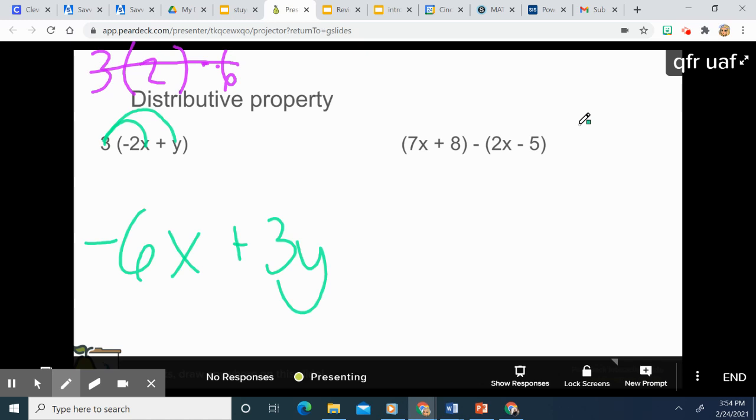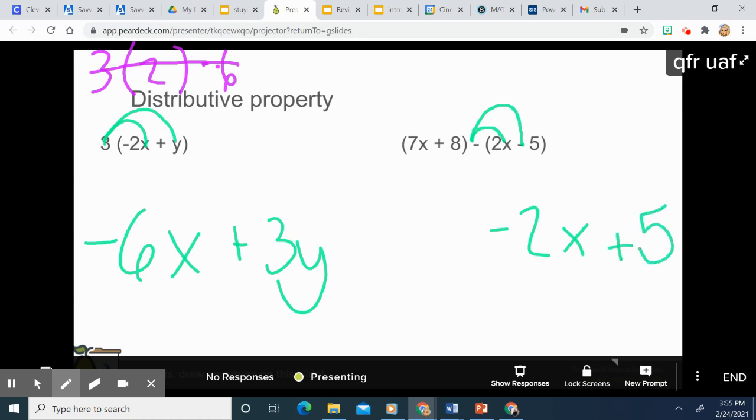All right, let's see how you did. So this one again, I'm going to subtract this 2x minus 5, but I'm subtracting the entire term, so I need to distribute this negative. So the negative makes the positive 2x negative, because a negative and a positive make a negative. But then we have a negative and a negative. We know from the units before that negative and negative make a positive.